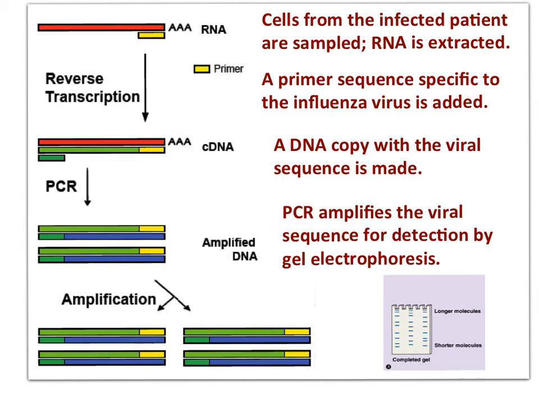One more time, host cells are sampled, RNA is extracted, including RNAs of the host. The primer targets specific viral RNA, then reverse transcription copies only the viral RNA into viral DNA. Then, only then, is PCR employed to amplify the viral DNA for clear detection using gel electrophoresis.